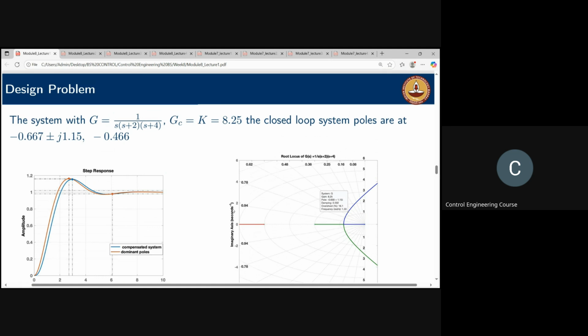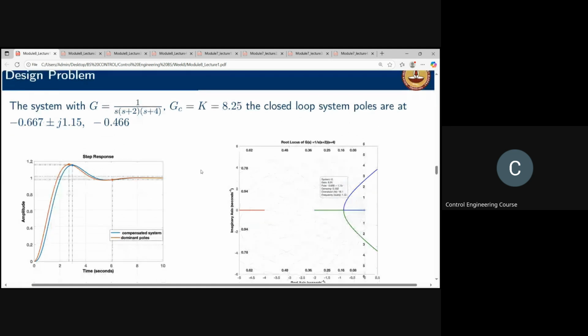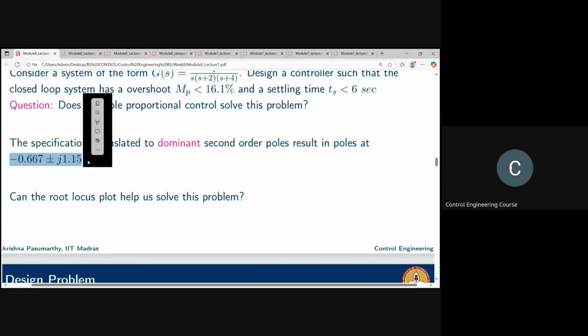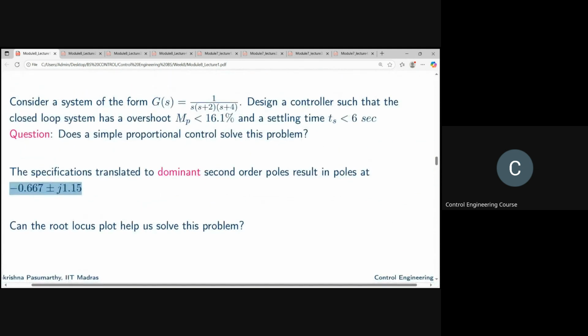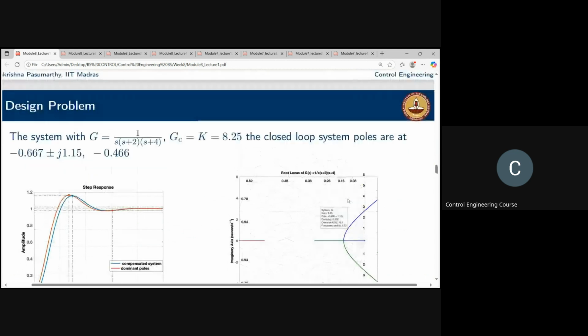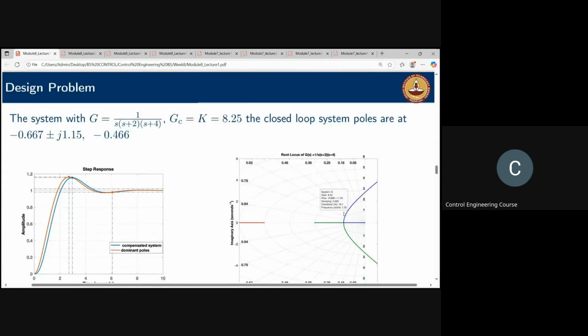So what you have here is this. You first draw the root locus, and then you see. It turns out you are lucky in this case that the root locus actually passes through this pole. Got it? Yes, sir. Whatever you wanted here, you have here, right? You said this satisfies these two constraints, and it turns out that if you draw the root locus for this system, it passes through these two poles, 0.668 plus or minus 1.15j.